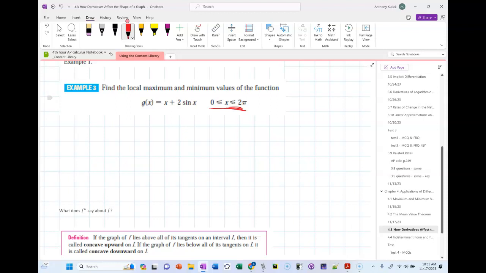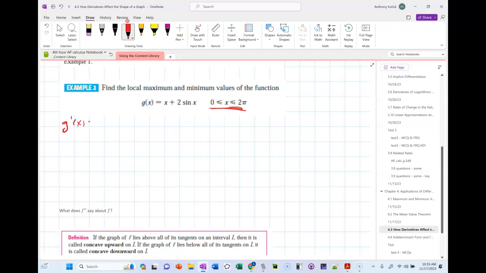So if it asks me, for example, both the absolute maxes and mins and the local mins and maxes, I'd have to do the closed interval check for the absolute mins and maxes, and then also do the sign diagram to get the local mins and maxes. Okay?